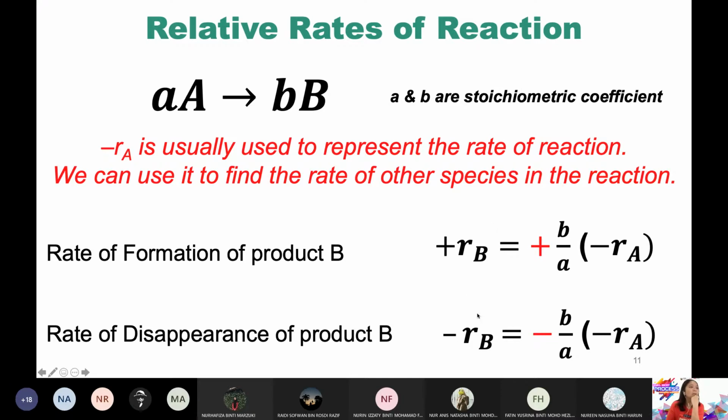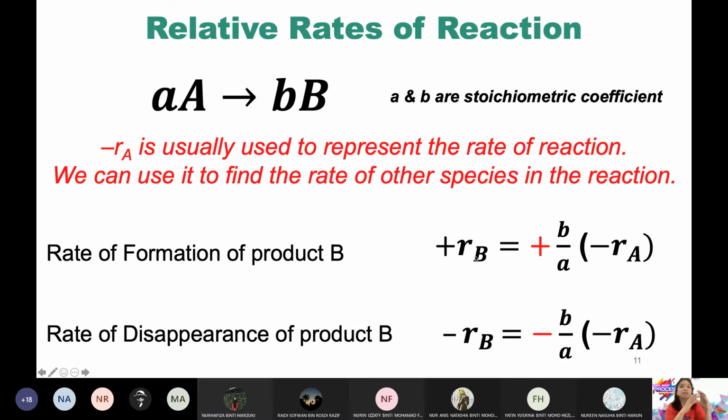Rate of formation of B. Okay, tengok B adalah produk dalam tindak balas ni. Kamu kena betul-betul tengok chemical reaction bila kamu nak buat pengiraan. Dalam this reaction, A reactant, B product, we want to calculate rate of formation of B, positive RB.